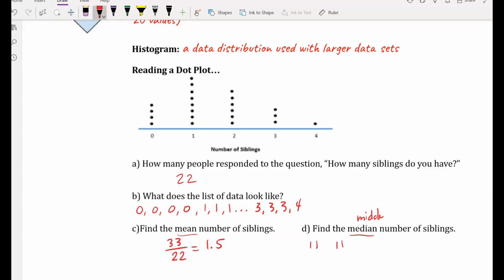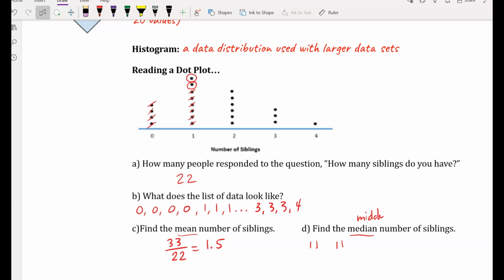So I'm going to count from the left, remembering that my dot plot builds from the bottom up, and I'm going to count 11. So 1, 2, 3, 4, 5, 6, 7, 8, 9, 10, 11. That's my 11th item. And so the one right next to it would be the 12th item, and I'm going to have to add those together.